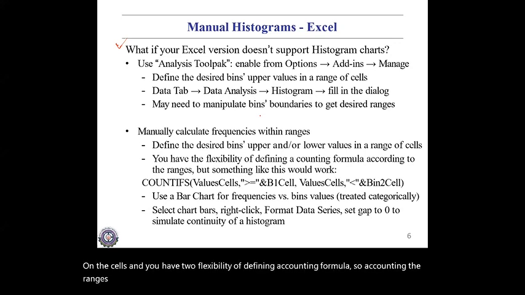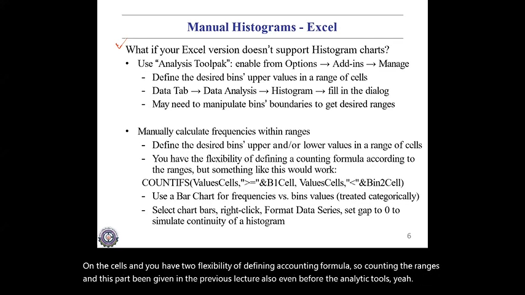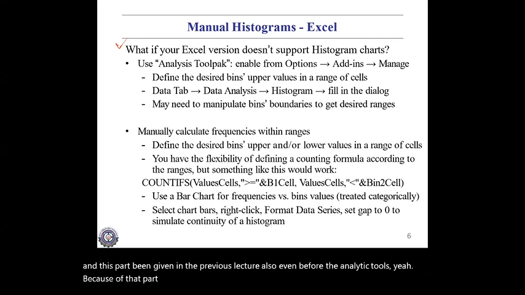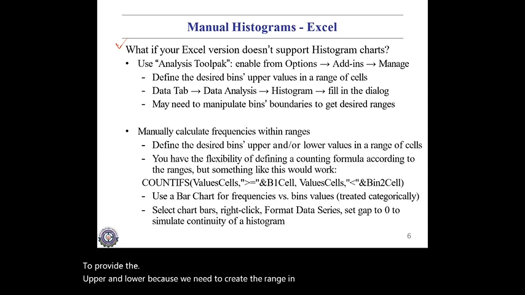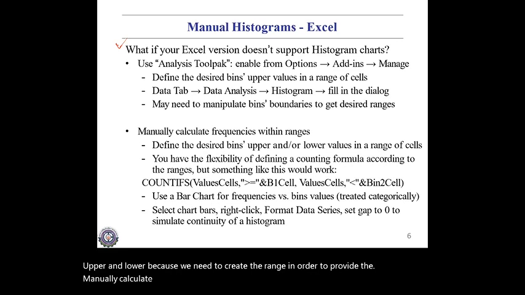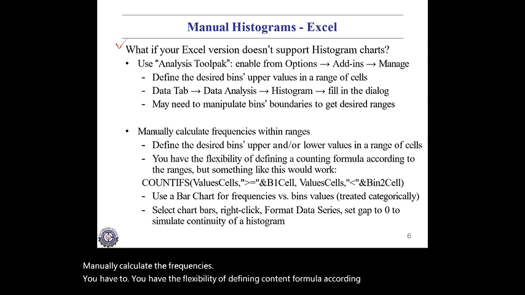This part was actually given in the previous lecture, even before the data analysis tools, where I mentioned how to provide the upper and lower values, because we need to create the range in order to manually calculate the frequencies.